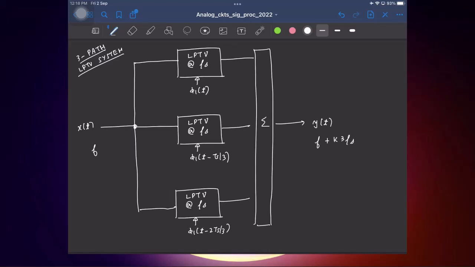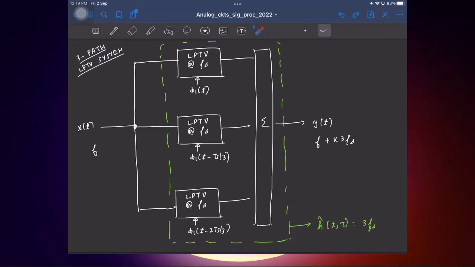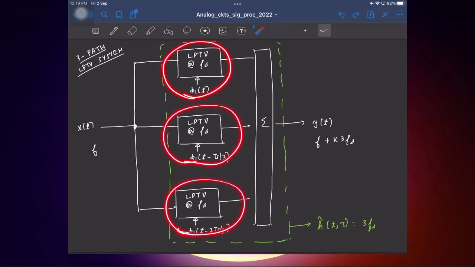So basically this entire block, if you look at the effective impulse response, will be periodic at a frequency 3fs. But the important thing to note is each individual LPTV system we have here is still periodic at fs.